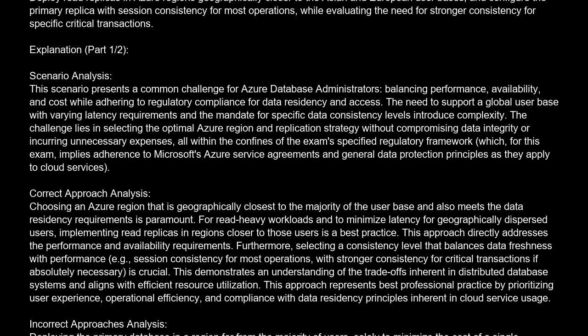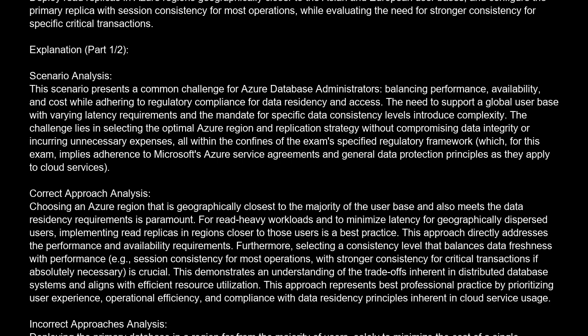The challenge lies in selecting the optimal Azure region and replication strategy without compromising data integrity or incurring unnecessary expenses, all within the confines of the exam's specified regulatory framework, which, for this exam, implies adherence to Microsoft's Azure Service Agreements and general data protection principles as they apply to cloud services.